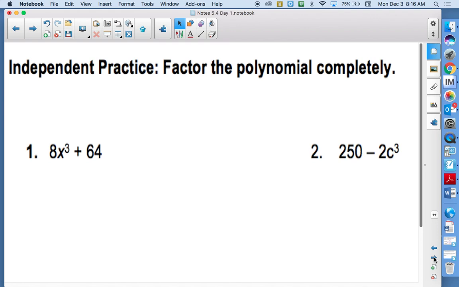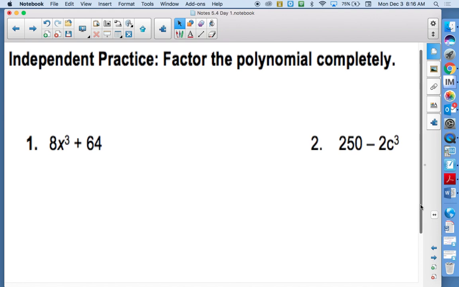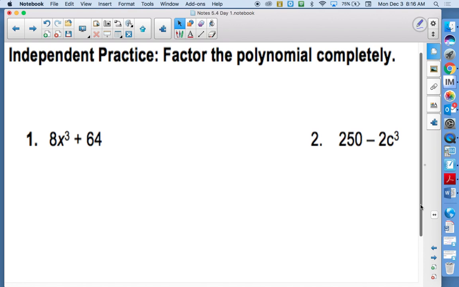See if you can try and factor 1 and 2 down below here. 2 has a GCF.